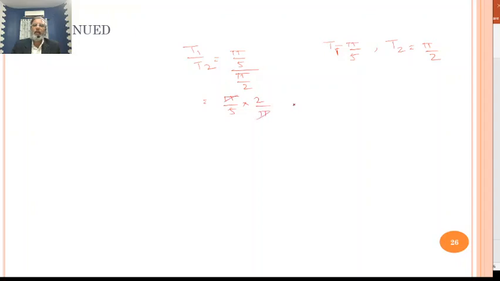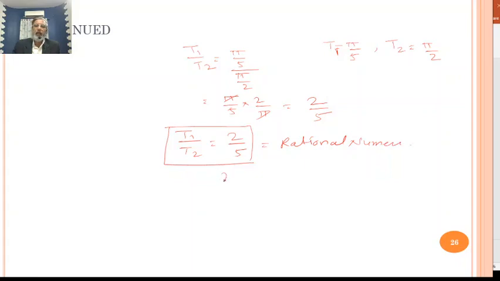This pi will cancel out and that equals 2 by 5. Hence T1 by T2 equals 2 by 5. Now this ratio is a rational number. Hence this resultant signal x of t is a periodic signal.